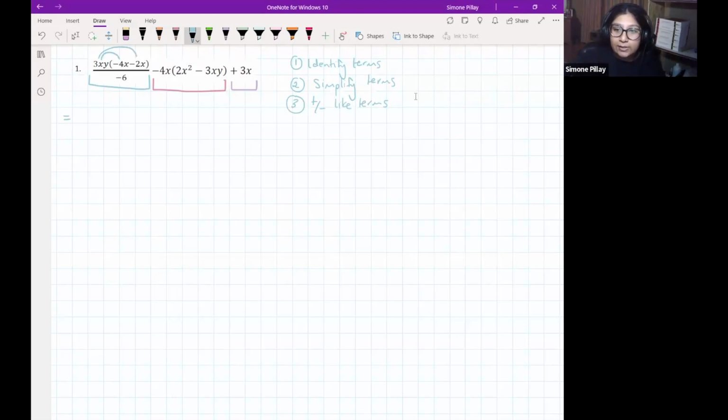And I don't want to waste steps over here. So let us do our multiplication on the side here. We're going to say 3xy multiplied by negative 4x. And then we also are going to have 3xy multiplied by negative 2x.